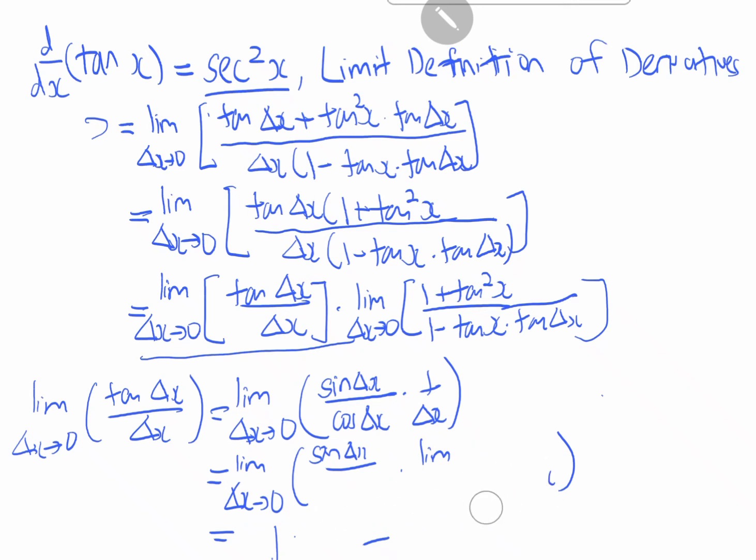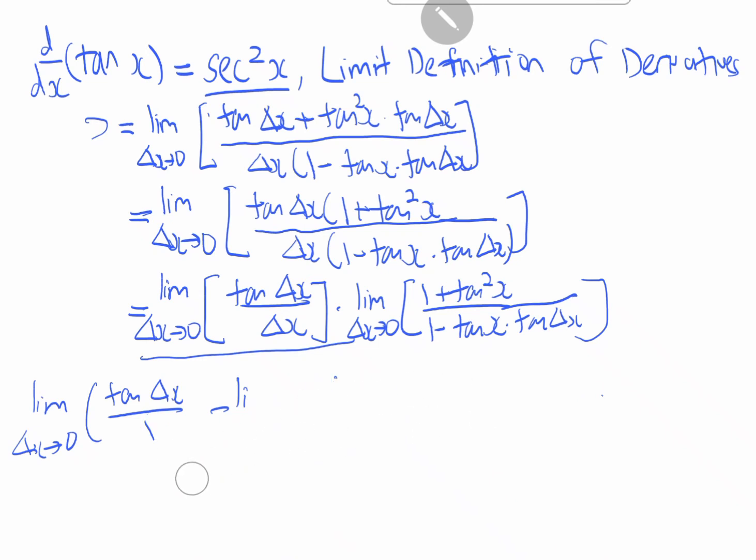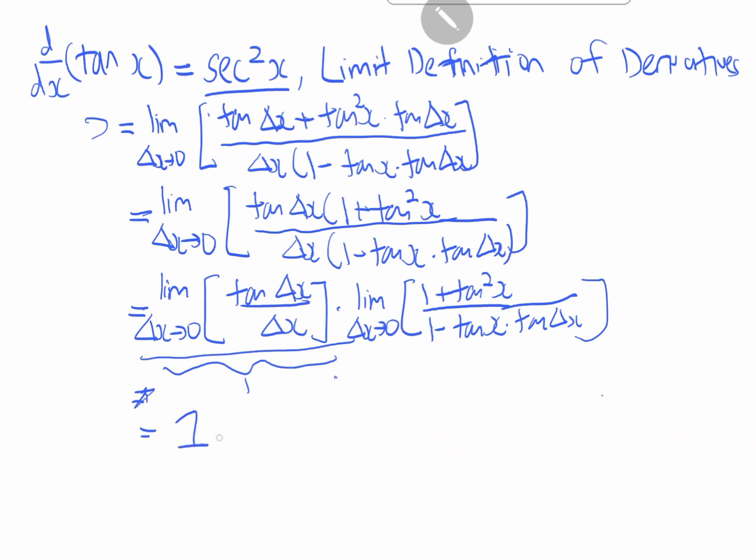So now let's clear this. So this will give me 1. Therefore this is 1 times limit delta x goes to 0, 1 plus tangent square x over 1 minus tangent x times tangent delta x.